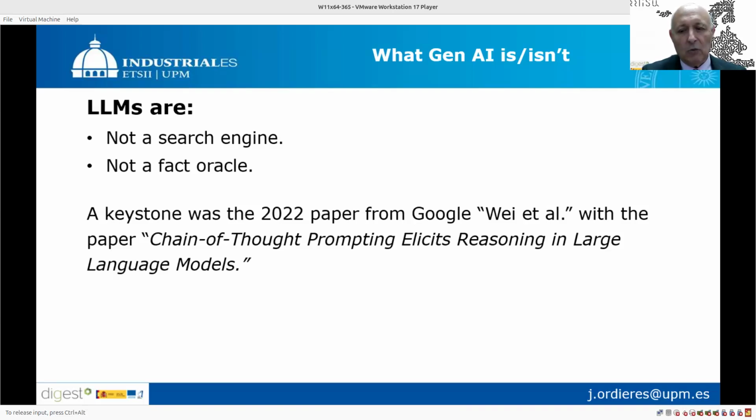The first was in 2022 when Google Labs produced a paper named Chain of Thought Prompting Elicits Reasoning in Large Language Models.